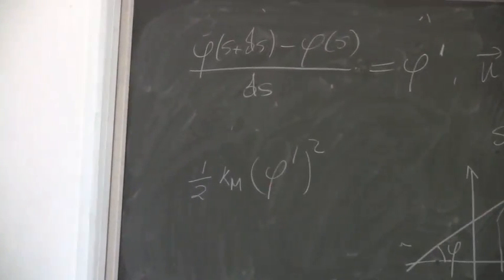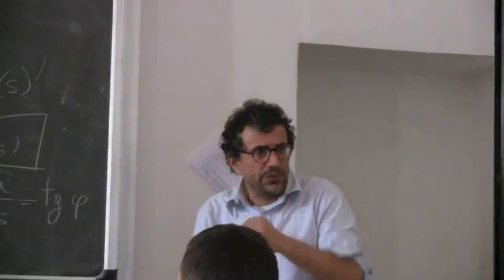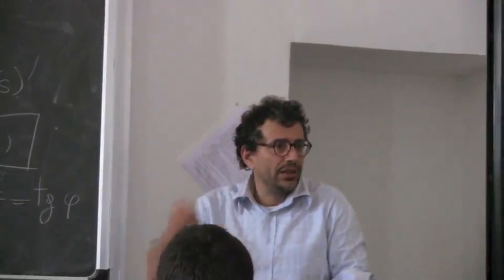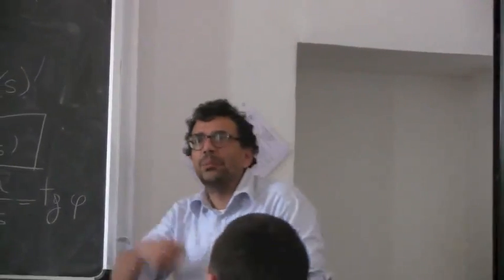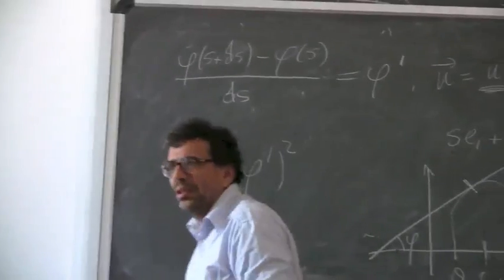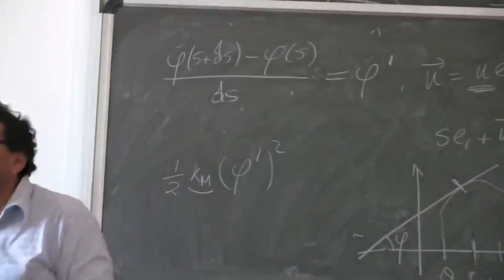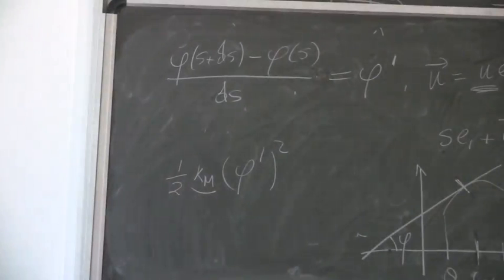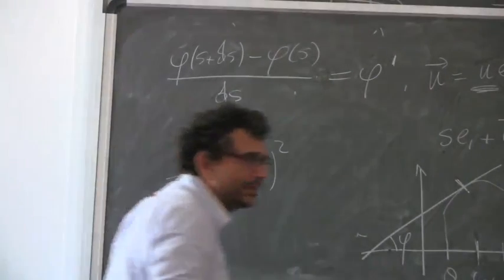Now you could stop me and ask, but how do you know this? From which hat are you taking this rabbit out? Kb is a constant which we can call bending stiffness.